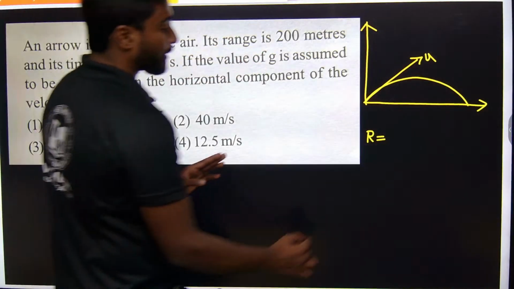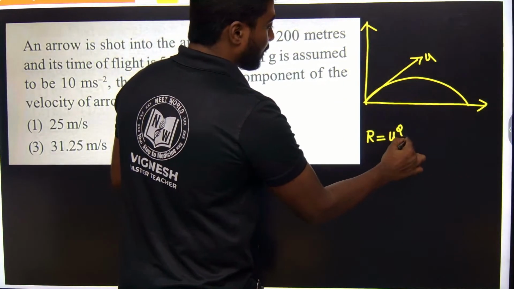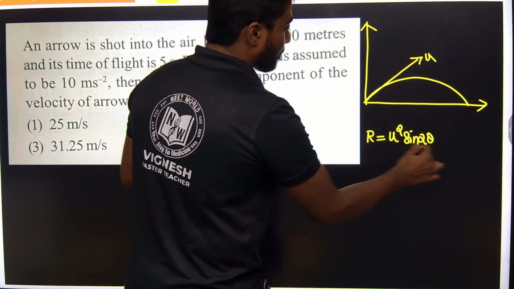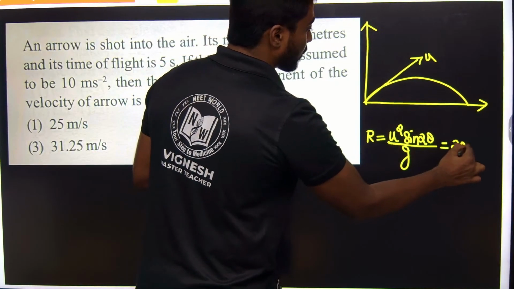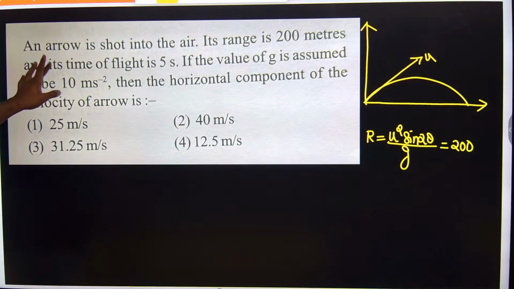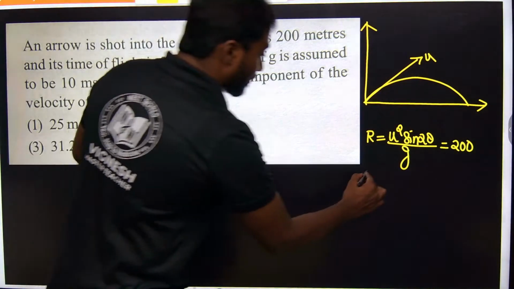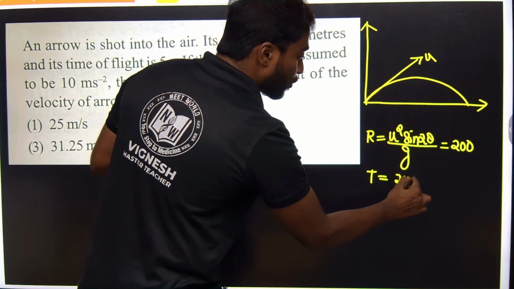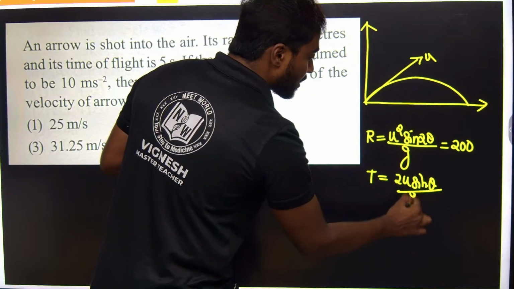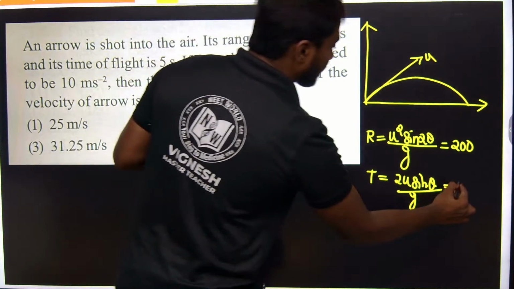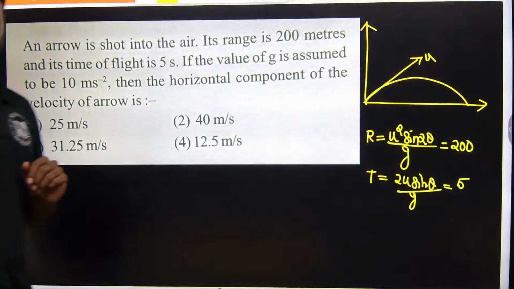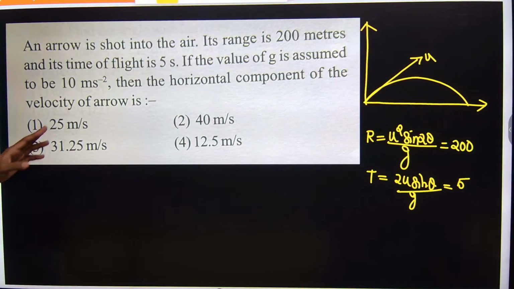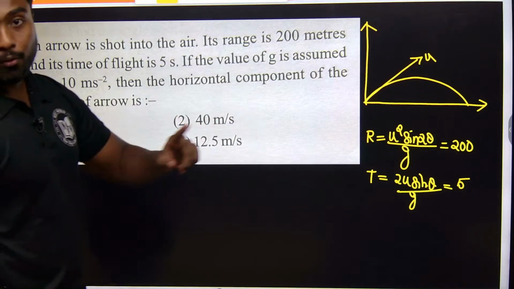So what is the formula for range? u square sin 2 theta by g, which is equals to 200. What is the next thing they have given? Time of flight. Time of flight is nothing but t is equals to 2u sin theta by g, which is 5 seconds. Okay, and horizontal component of the velocity.